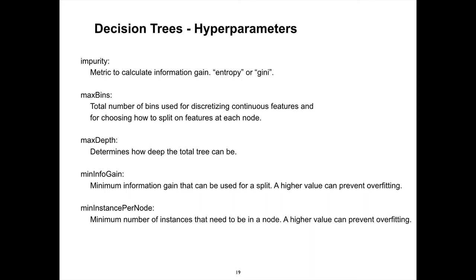So I did update the reading list. There's a chapter in the book that talks about Spark ML. Also, the Spark documentation has a section on MLlib, and it divides it into the RDD part and the DataFrame part.